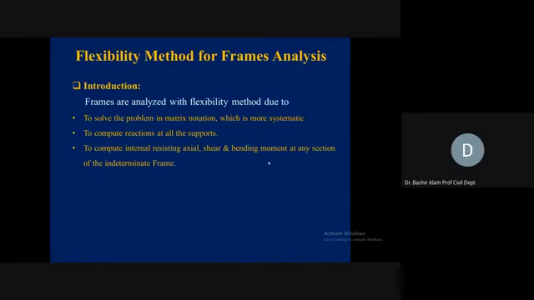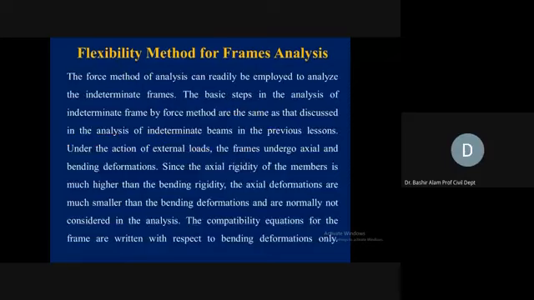Now, frames are analyzed with flexibility method due to, again, the three reasons we have. It is more systematic. You can find out the support reactions with this, and you can find out the internal axial, shear, and bending moment also in the indeterminate frames by using this method. Now, flexibility method for frame analysis.